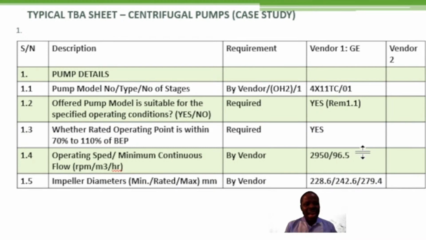Now, another thing that you have to check when you are carrying out technical bid analysis sheets for rotating equipment, with a typical case study of centrifugal pump. Other rotating equipment also have several basic design conditions governing the basic design of the equipment with respect to the applicable standards of the equipment.